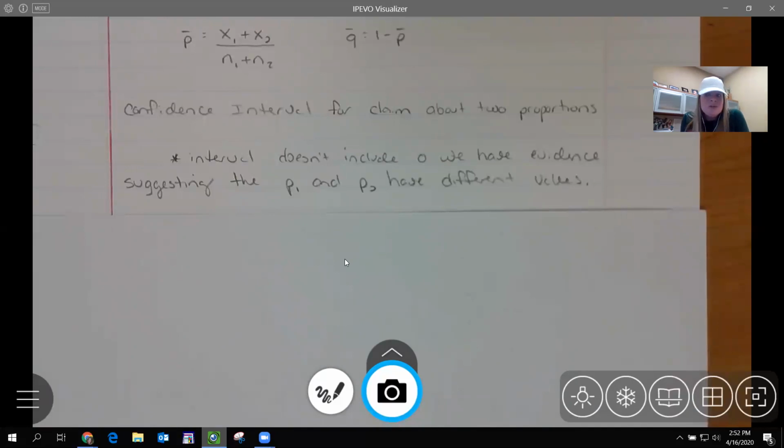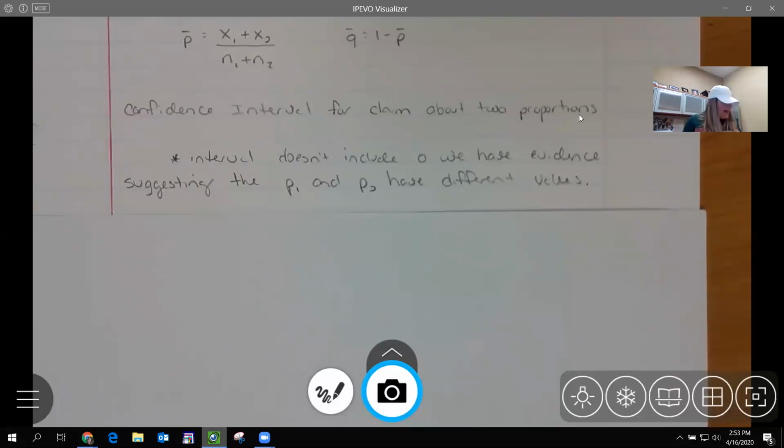If it includes 0, so you go from negative to a positive, then that is evidence suggesting that they are similar or the same. Okay, so just keep that in mind. You have a couple questions about that.